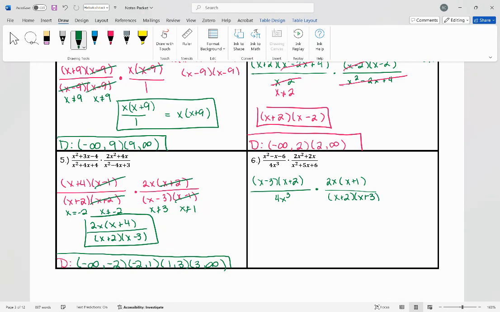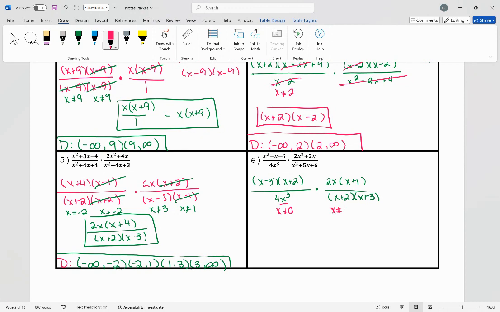So then my domain, we have to be careful here. Remember when I said that it doesn't matter if we have a GCF that is a number. Here we have a GCF that has a variable with it. So we have x cannot equal 0. Anytime you have a variable that doesn't have a plus or minus, it's always going to be 0.